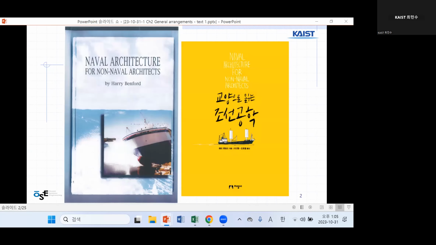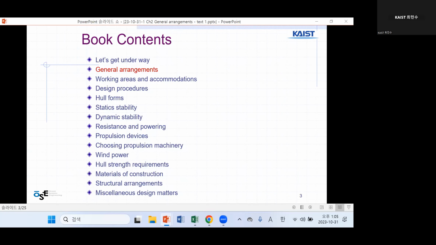So this is the book, textbook. We have pictures from the original, and the yellow book is a translation of them in Korean. So there are chapter names. Today we are covering general arrangements. And design procedure will be coming next time. Performance is the outer shape of the ship.